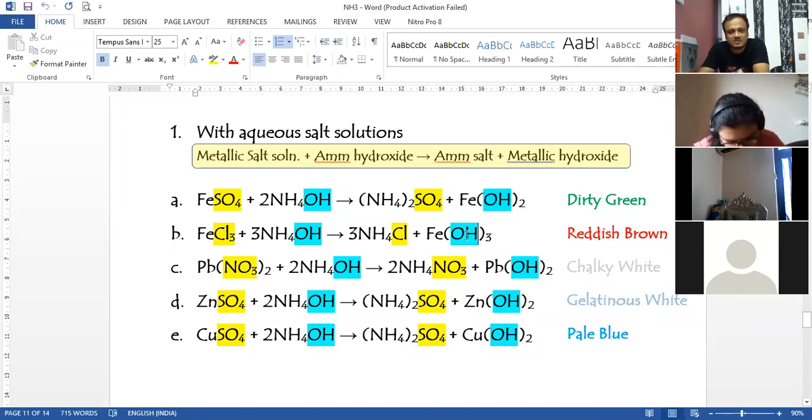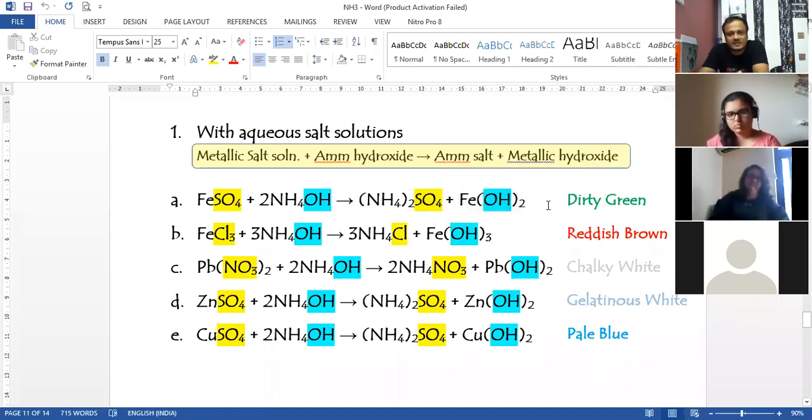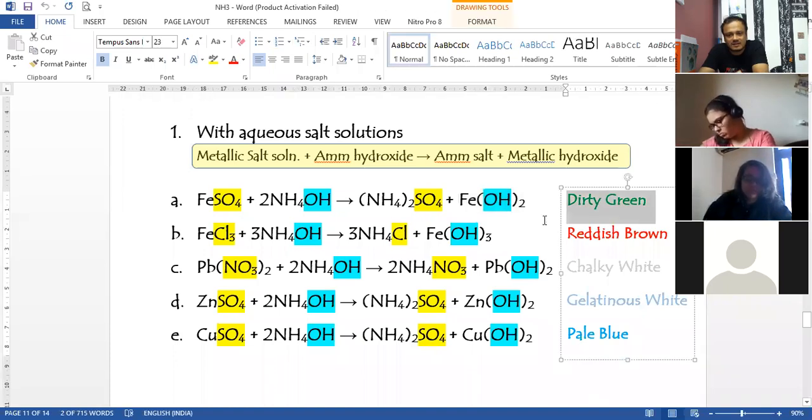So this part is actually very important. If you understand this at least a bit, it will be very easy for you to understand analytical chemistry and practical chemistry. So we have ferrous hydroxide, a PPT, formed along with ammonium sulfate, and ferrous hydroxide is dirty green in color.